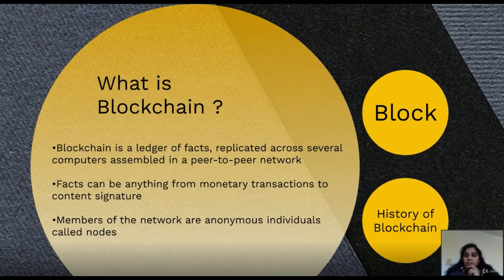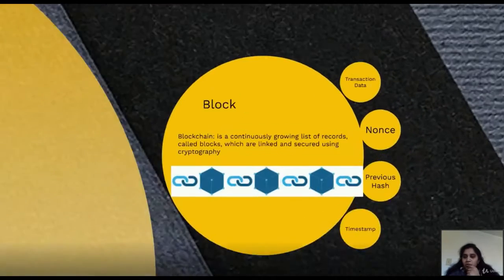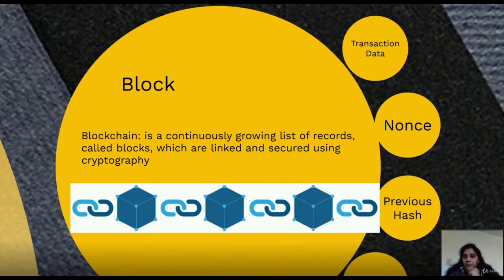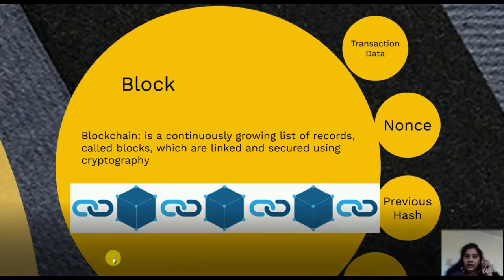Next we will see what the major components in the blockchain are. The first important thing you need to know about is the block. The block is nothing but a record. Each and every record is called a block. Suppose this is record 1, record 2, record 3, so they are block 1, block 2, block 3.